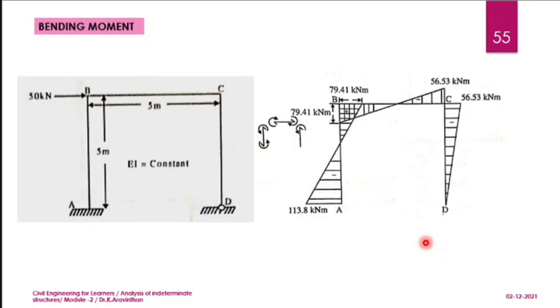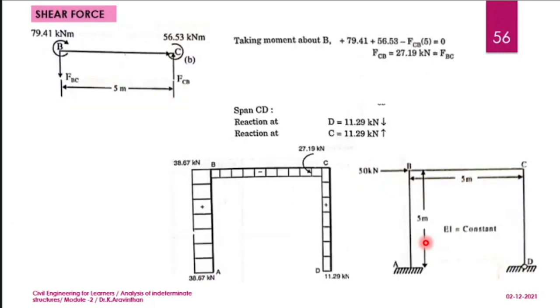You have to find the shear force. How to find shear force? Split all the members and assume it as simply supported. So what are the members here? You have B and C, and if you are splitting this member B and C and considering it as simply supported, you will be having a moment of 79.41 and 56.53.